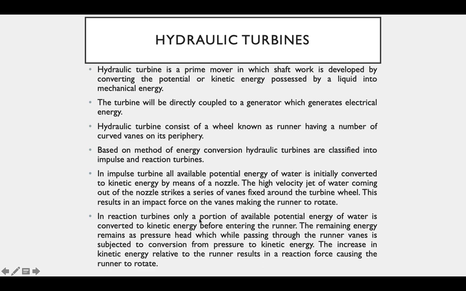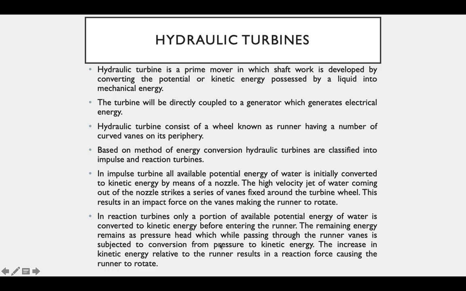Whereas in reaction turbines, only a portion of the available potential energy of water is converted to kinetic energy before entering the runner. The remaining energy remains as pressure head. While passing through the runner vanes, it is subjected to conversion from pressure to kinetic energy. The increase in kinetic energy relative to the runner results in a reaction force causing the runner to rotate. So in reaction turbines, both kinetic and potential energy is utilized.